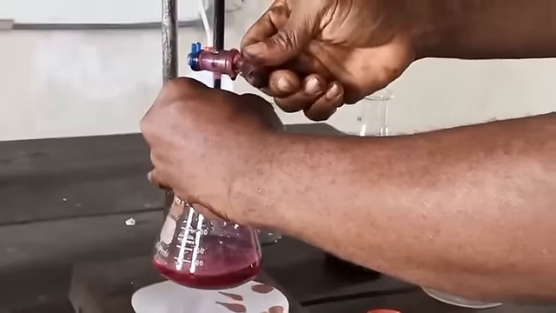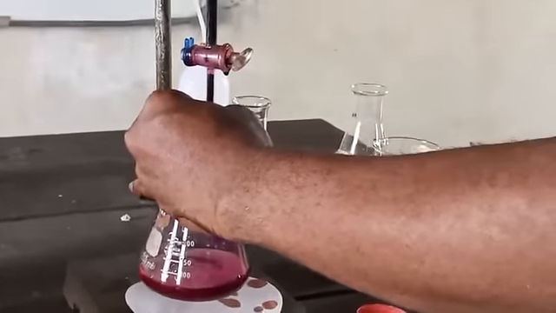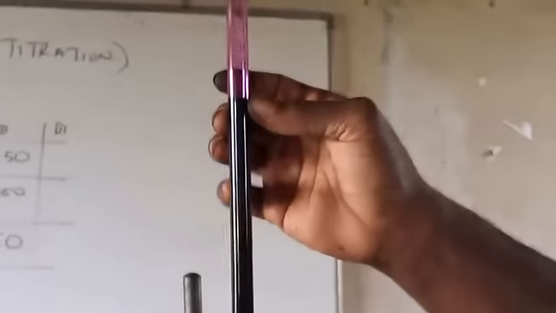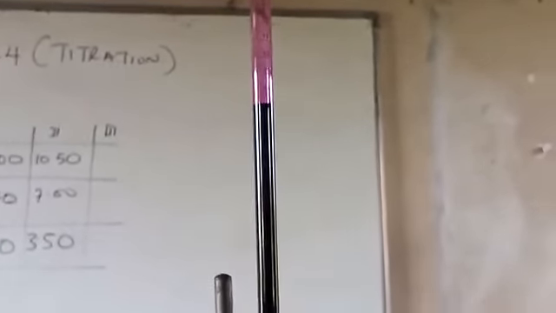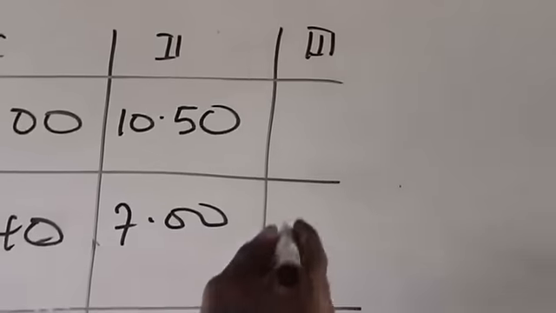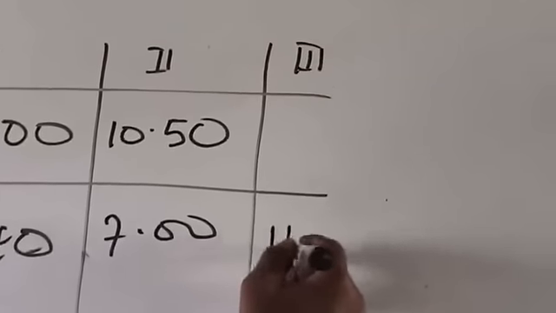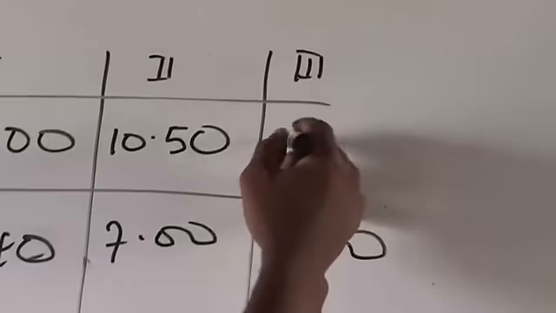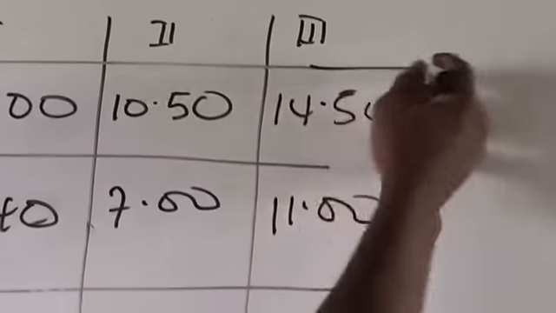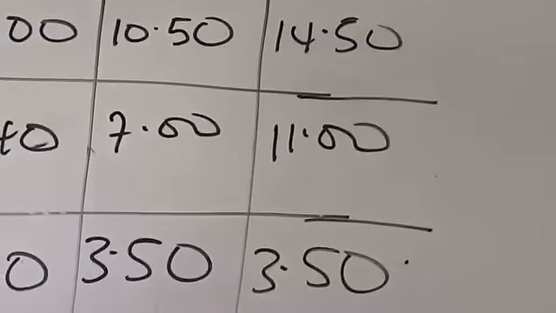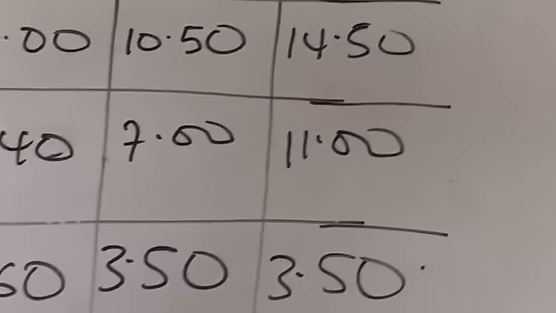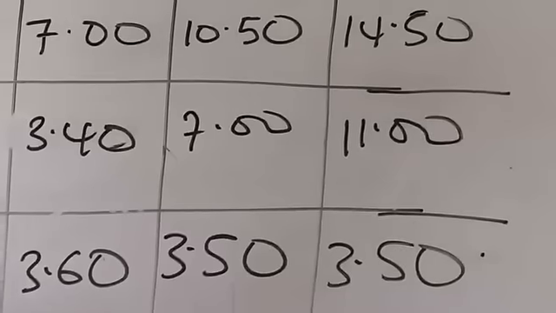It has changed. So we are at 14.5. You can see it. 14.5. That's what they call a change. 14.5. Where did we start this one from? 11.00. Change at 14.50. Take the difference. What do we have? 3.50. So having done that, we can find our average titer.